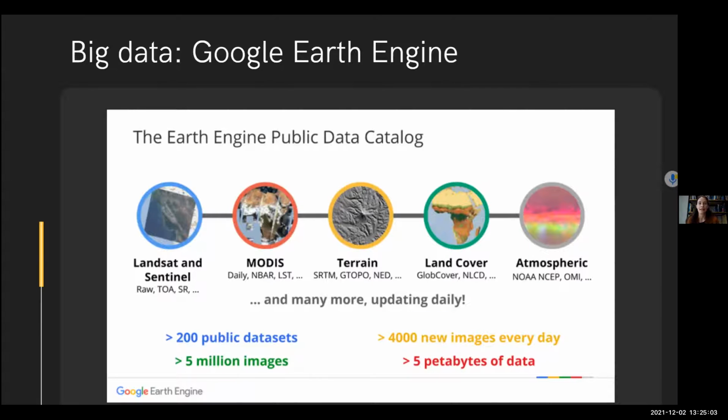So really, this is a big data, and it's a platform to access this data, but also to analyze on the cloud. So we are analyzing this huge data in Google servers. So that's is really a save of time for us.